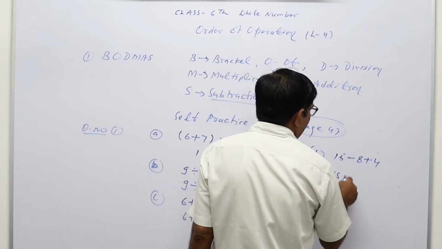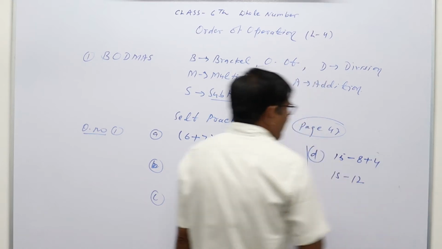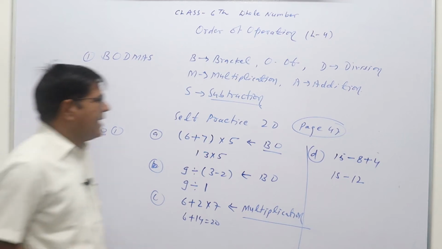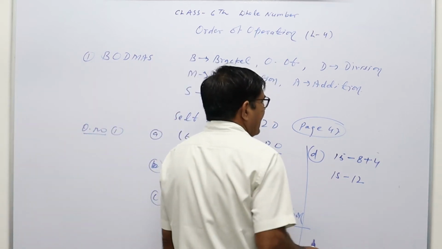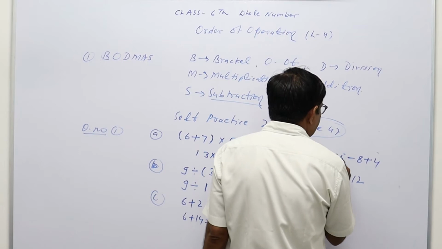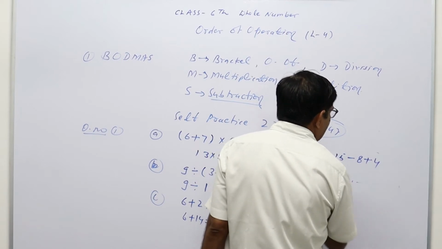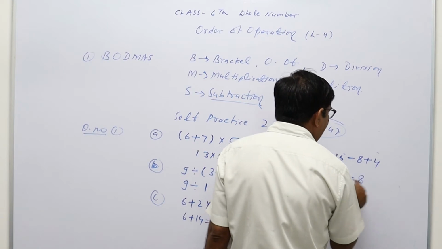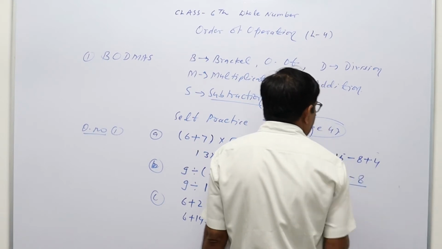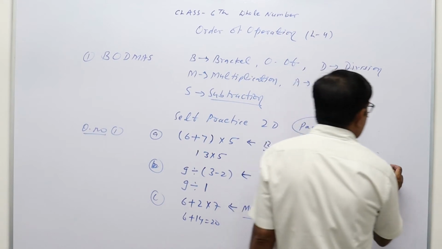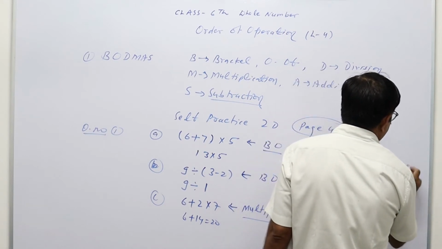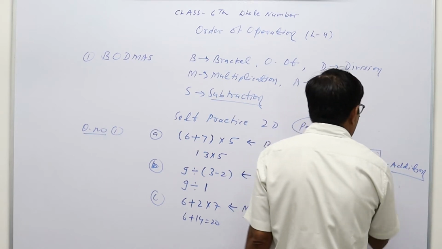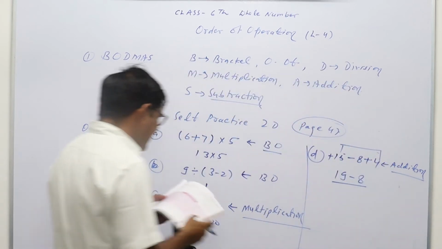So 15 minus 12. First we will do the addition. So how will we add? See, this is plus 15 and this is plus 4. So 15 plus 4 is 19, then minus 8. Now we will subtract. So first we will do addition. This is the first operation. Positives will be added, then we will subtract.